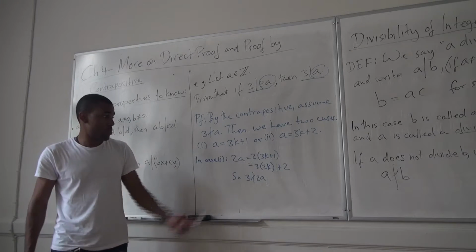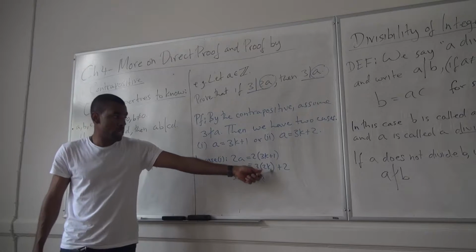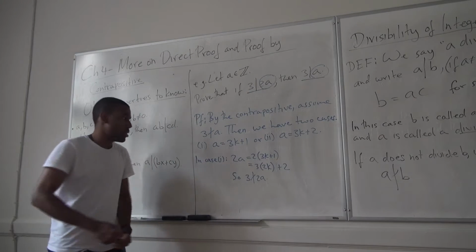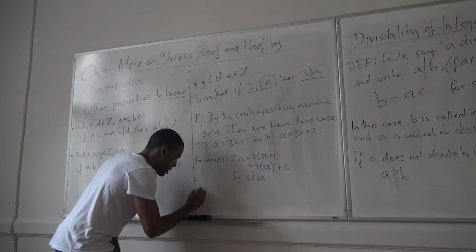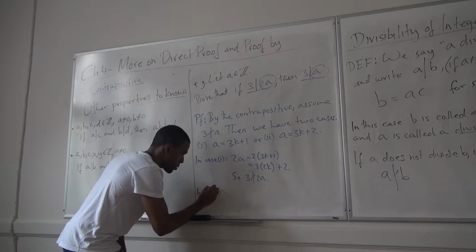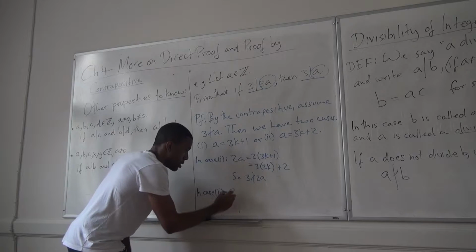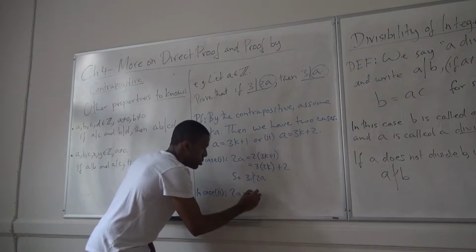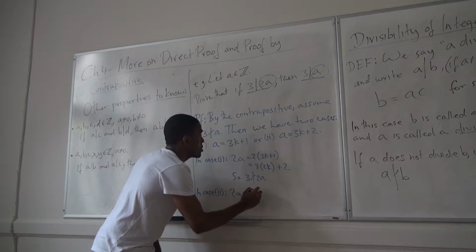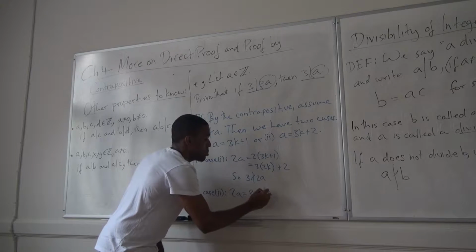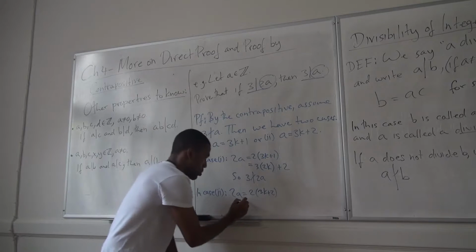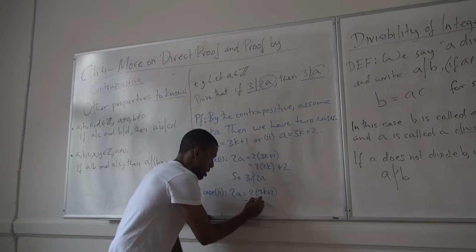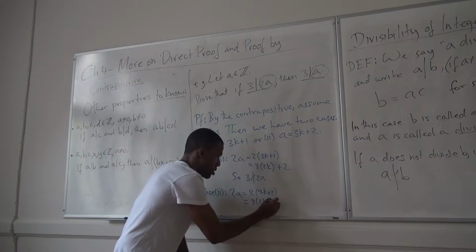So 2a is of the form 3 times an integer plus 2, and so we get not P, which is what we wanted. In case 2, 2a would just be 2 times 3k plus 2, which we can write as 3 times 2k plus 1, plus 1.